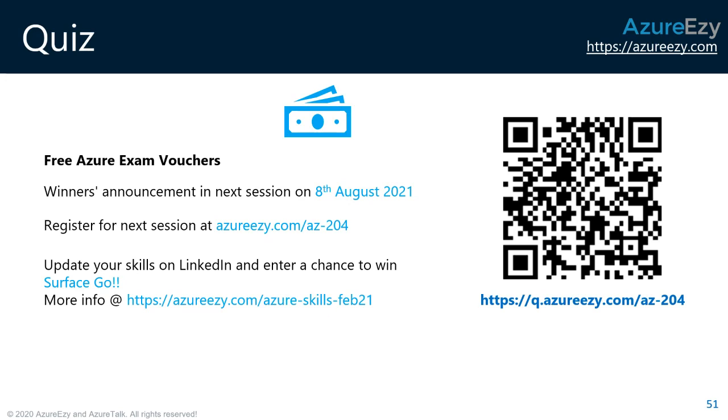For all the sessions, we have been distributing vouchers, and in addition to vouchers, of course, we are covering the sessions which cover almost all the topics that you are going to expect in the exam. And it's not just AZ-204. We have done similar tracks for AZ-900, which is fundamentals, then AZ-104, which is administrator, then AZ-400, which is for Azure DevOps, and now this is AZ-204.